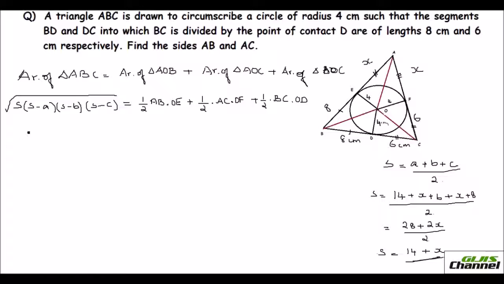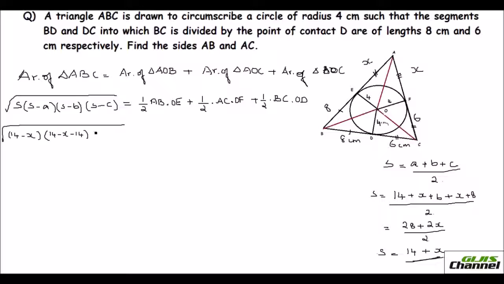Now coming back to the problem, let us substitute the values which we know here, okay? So this would be the square root of S, S is 14 minus x, times S minus A. A is what here? It is 14, right? Minus 14. Good.